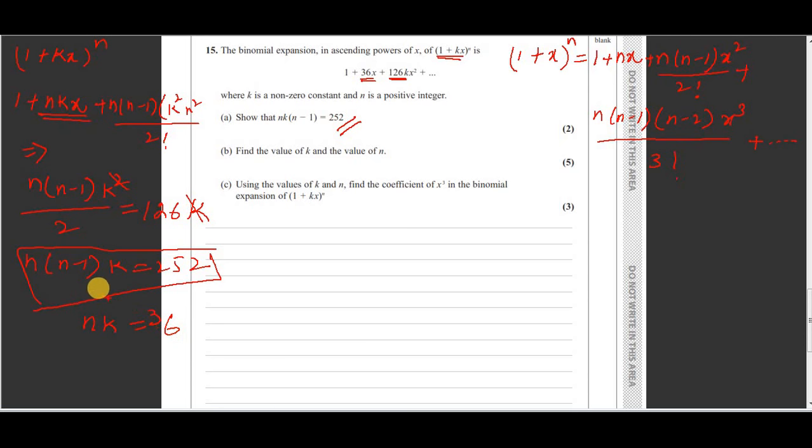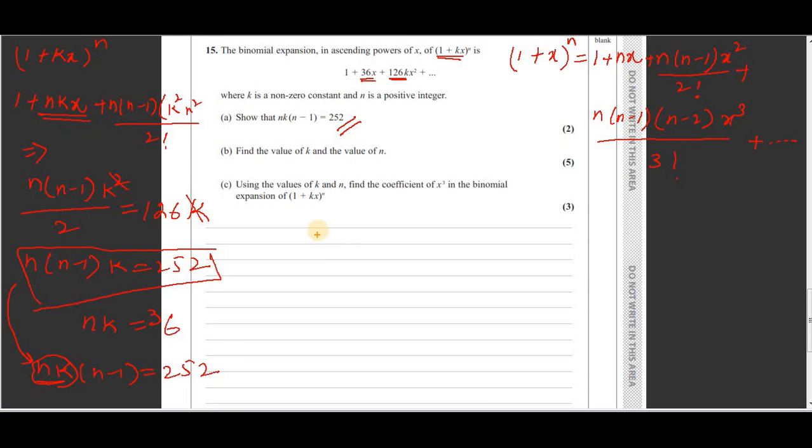Now in our proved situation, nk(n minus 1) is equal to 252. This can be written like that. But nk is 36, so I can put 36 here.